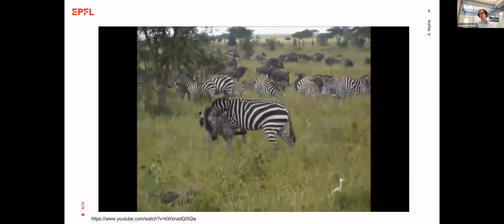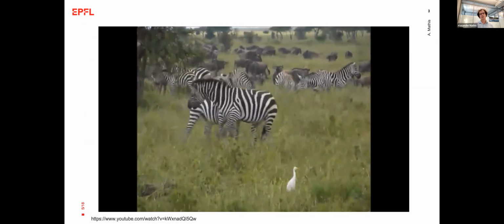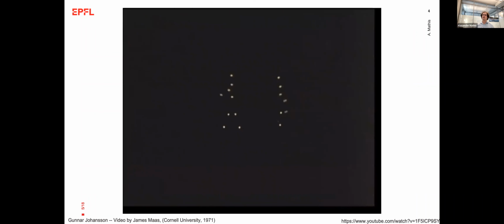I want to show you a different video, a rather low dimensional description of behavior. What you see here is a bunch of dots that move in a spatiotemporally coherent way. Even though this video has extremely few degrees of freedom and very few bits, you cannot help but see 2 humans walking past each other, 2 humans shaking hands, 2 humans hugging, and now they walk away from each other.